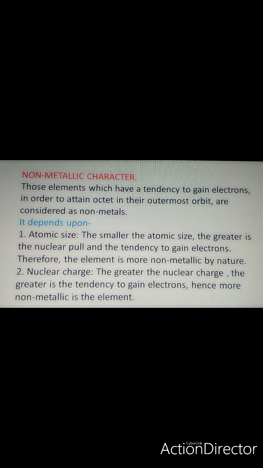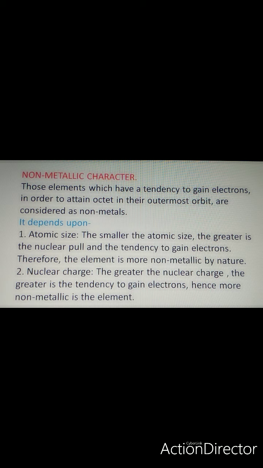That's why it accepts one electron from another element. So the elements which accept electrons contain non-metallic character. Most of the elements which gain electrons are non-metals.